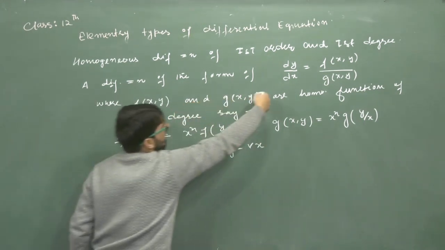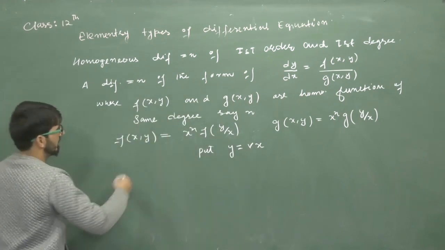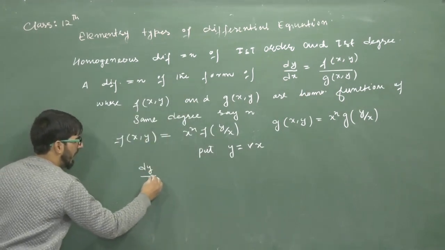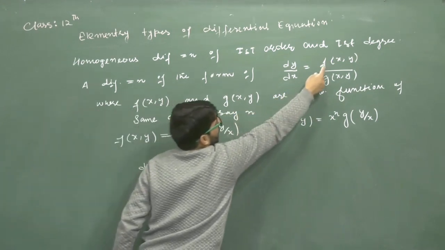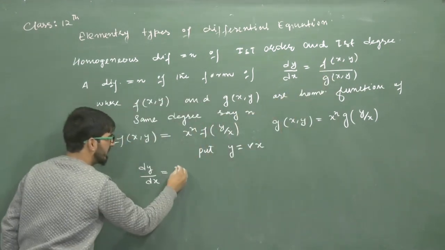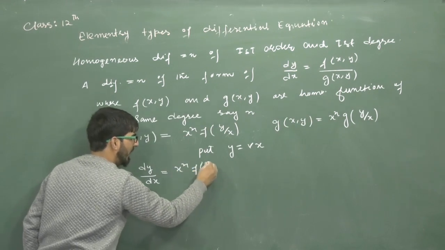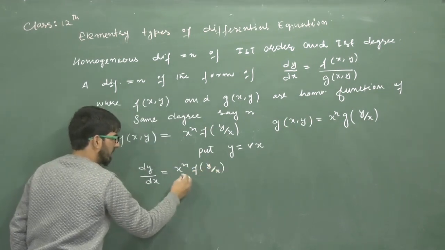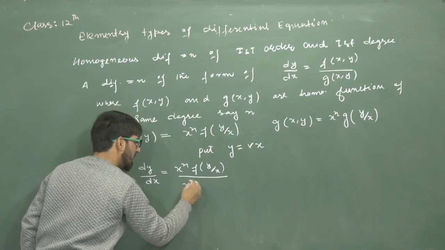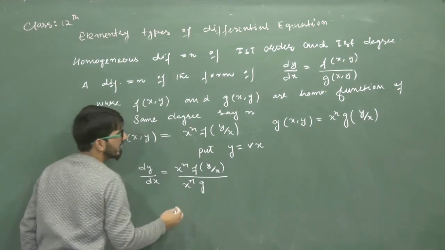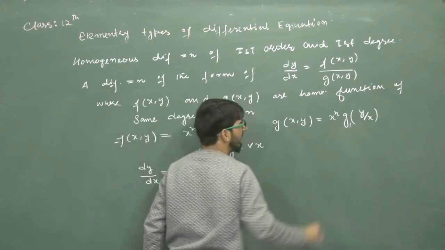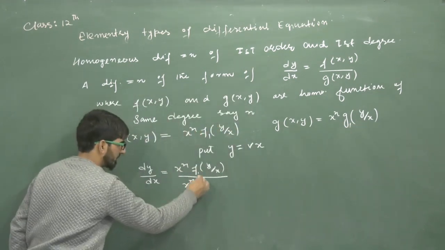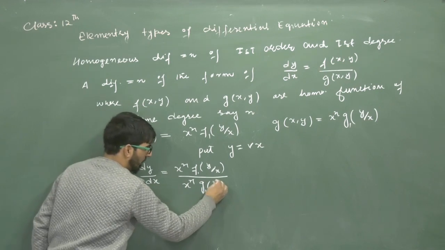So dy by dx is equal to, as f of x comma y is equal to x raised to power n of f1 of y by x divided by x raised to power n of g1 of y by x.